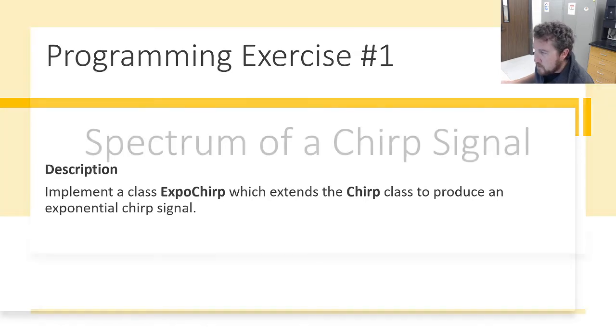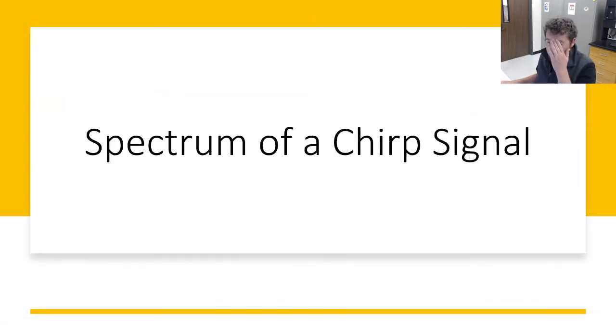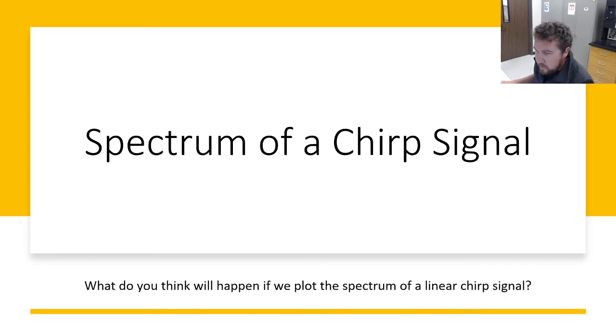All right, let's move forward and look at the spectrum of a chirp signal. What if we take the Fourier transform? What will happen? What will it look like? What does the spectrum of a non-periodic signal look like? Does anyone want to wager a guess? It does look wacky, that's for sure.